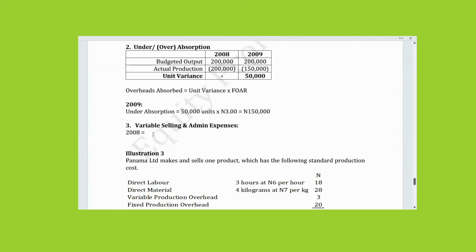So I will then come here, 160,000 units multiplied by the variable selling and administrative expenses. We are told it is 50 kobo. 50 kobo is the same thing as 0.5. Therefore, what do we have? This will give us 80,000 naira.